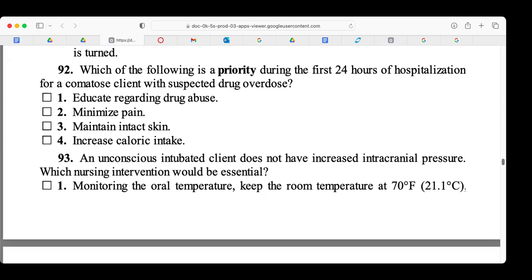He's comatose. Very good. So we're still going to treat him like he can hear, right? But what's the key word in this question? Priority. This is a tough question.